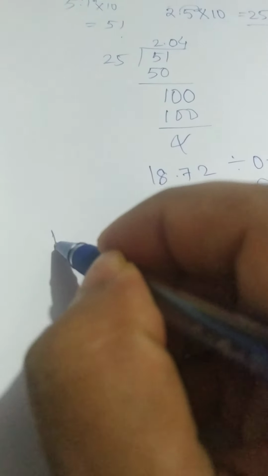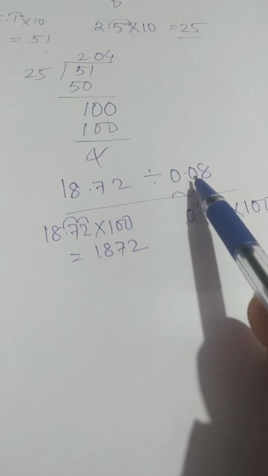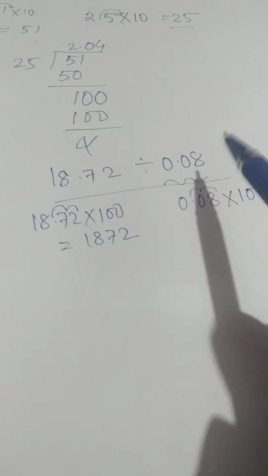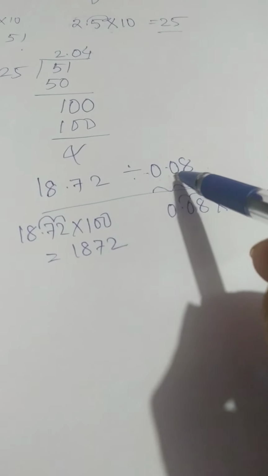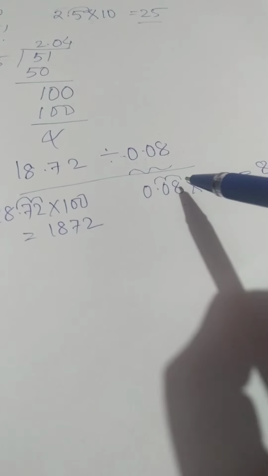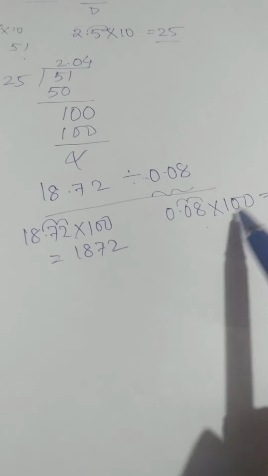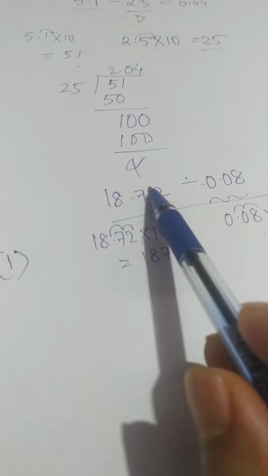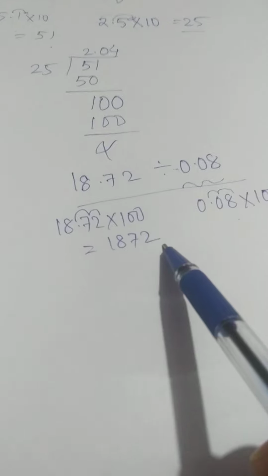I first check, after the decimal, how many digits are there for the divisor. Since there are 2 digits, I multiply by 100, so I convert this into 8, and since I have multiplied this by 100, I also multiply the dividend by 100. So I've got 1872.